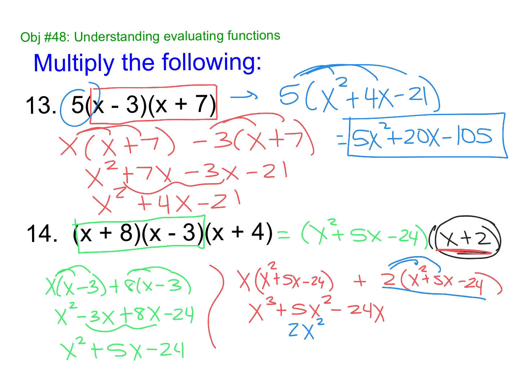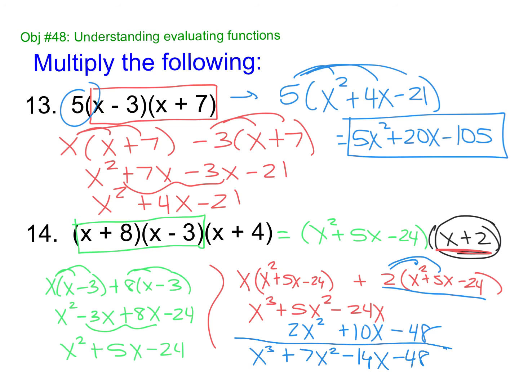That has an x with it. That goes underneath the 24x. And then 2 times negative 24 is negative 48. So then we combine like terms, and we get x cubed plus 7x squared minus 14x minus 48, and that's our final answer.